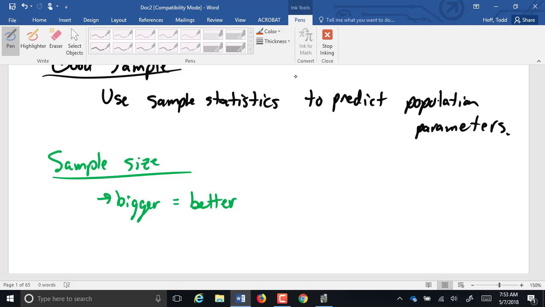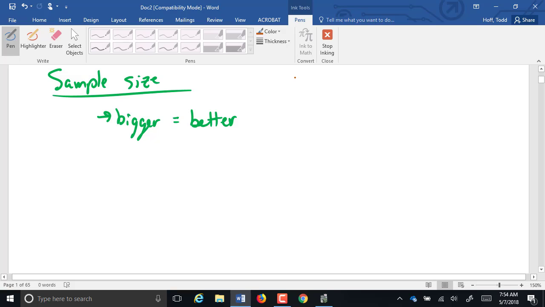Others say you can be smaller than 30, but if you're smaller than 30, you've got to meet certain qualifications. Others give things like it has to be at least 5% of the population, between 5 and 10% of the population. We're not going to get into things like that. We're not actually going to get time to perform any samples, but just feel that there are different standards out there for sample size.